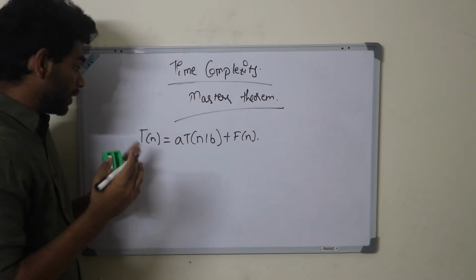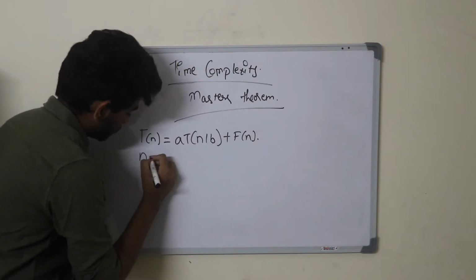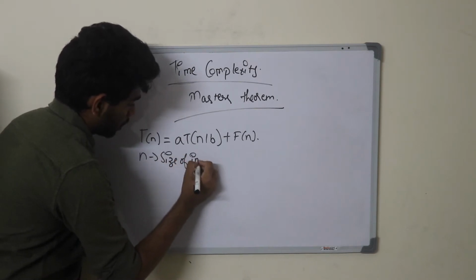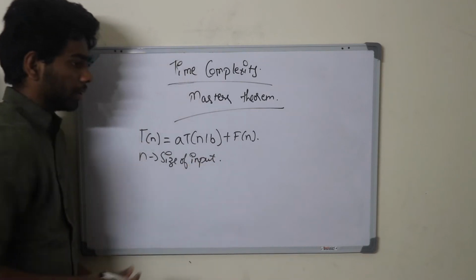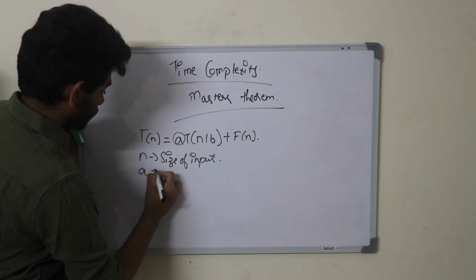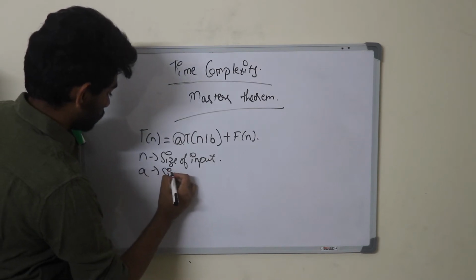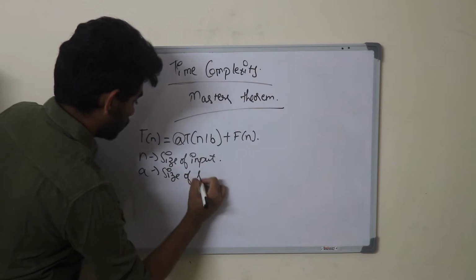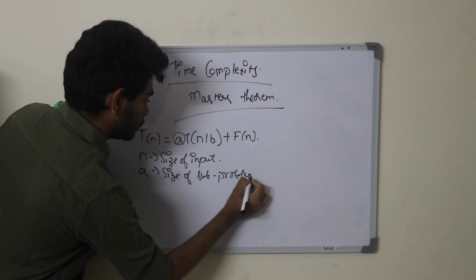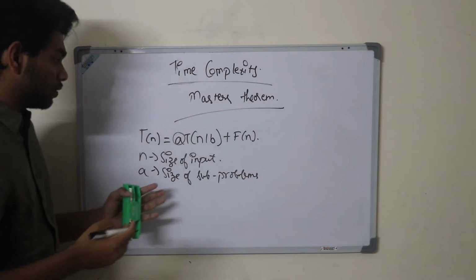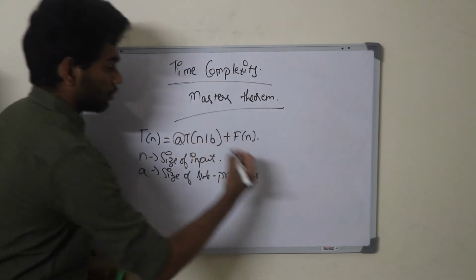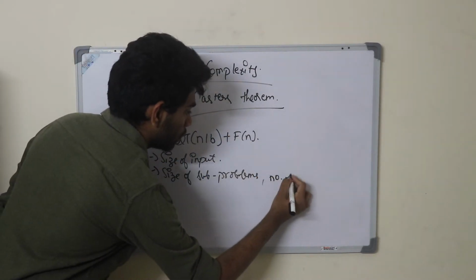So what is n in this one? n is the size of the input. a is the number of sub-problems in our question.